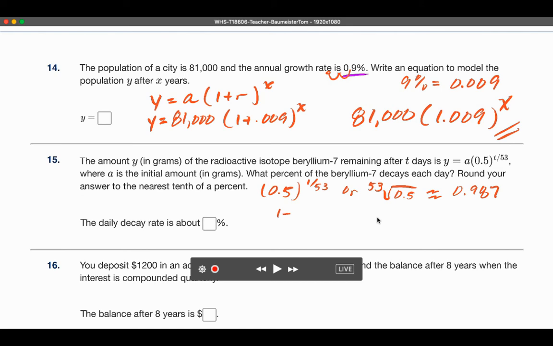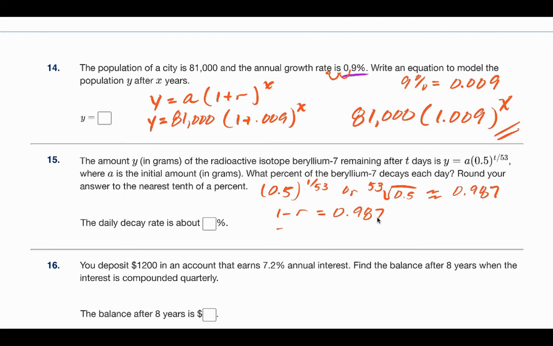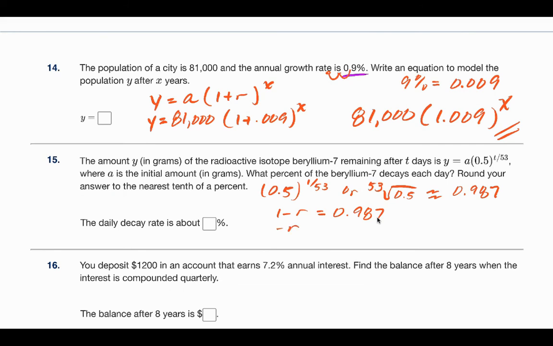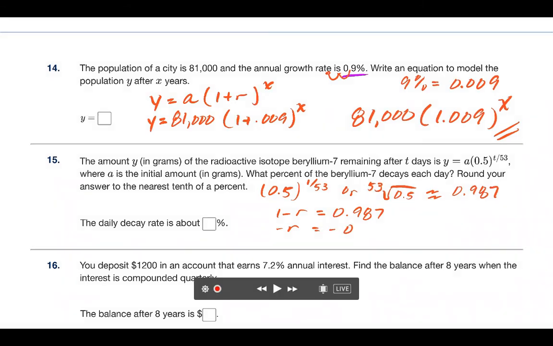If I say 1 minus r is equal to 0.987. So just like I did before, I'm going to subtract 1. If I do that, I'll get negative r is equal to negative 0.013.